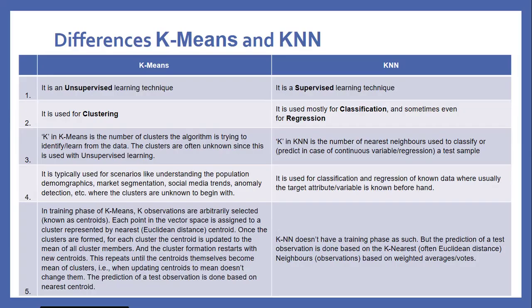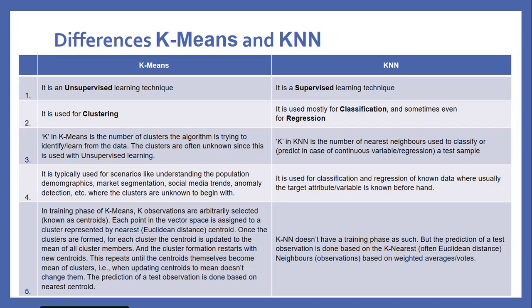In the training phase of k-means, key observations are arbitrarily selected, known as centroids. Each point in the vector space is assigned to a cluster represented by the nearest Euclidean distance centroid.